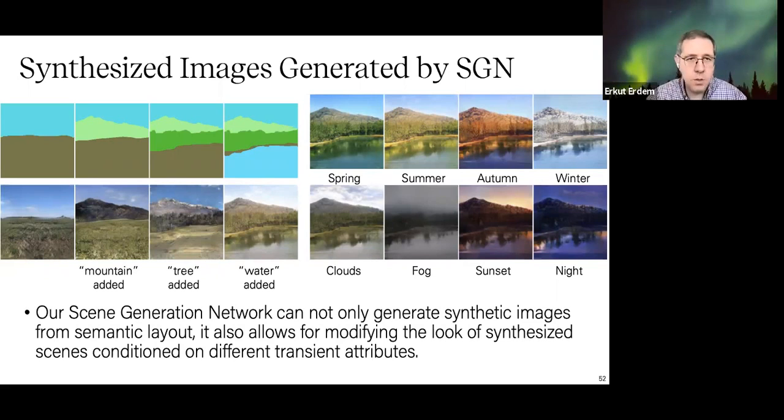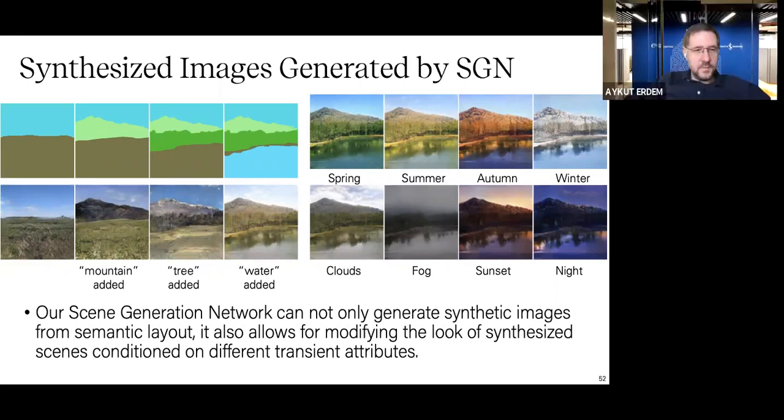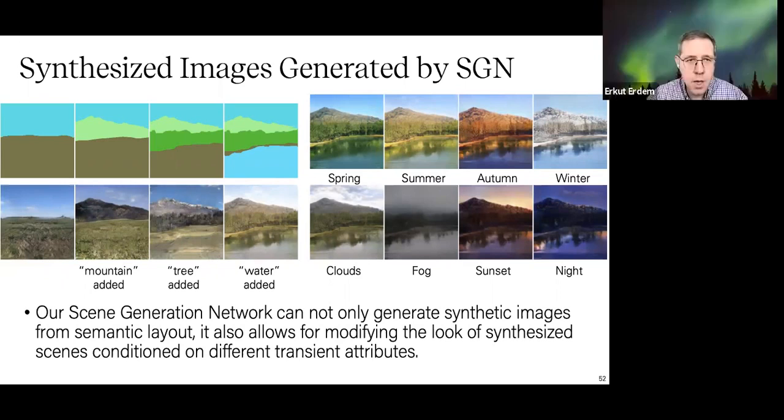So for instance, on the left-hand side, you see our results on the scene generation part by progressively manipulating the input semantic maps. And at each step, you can see that our method generates fairly good results.